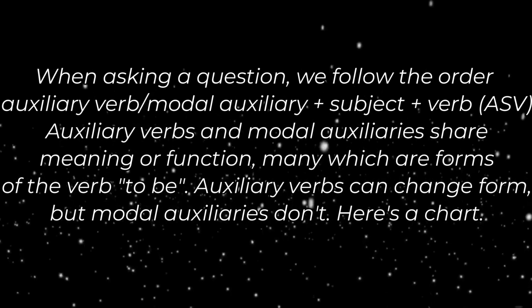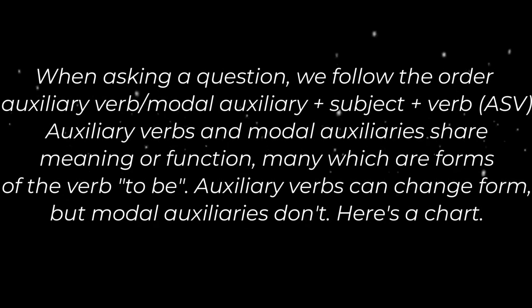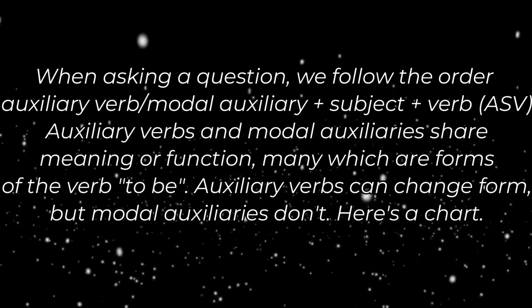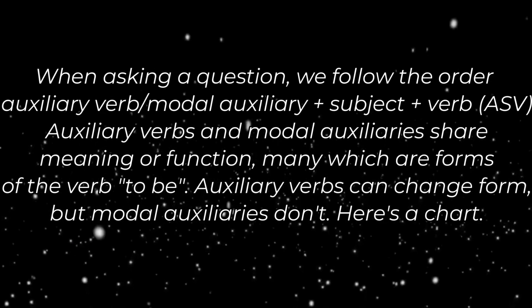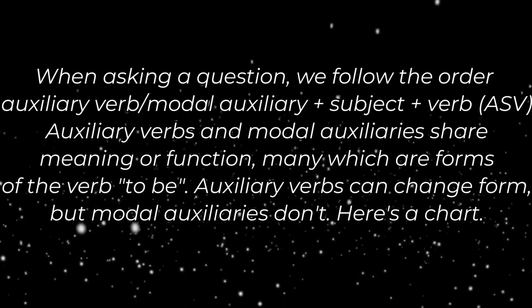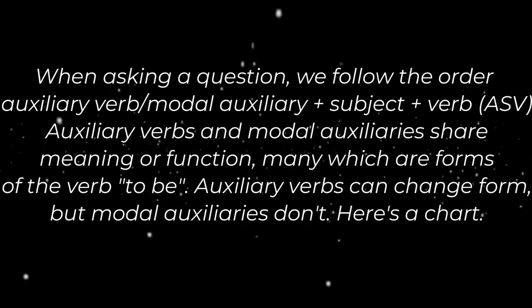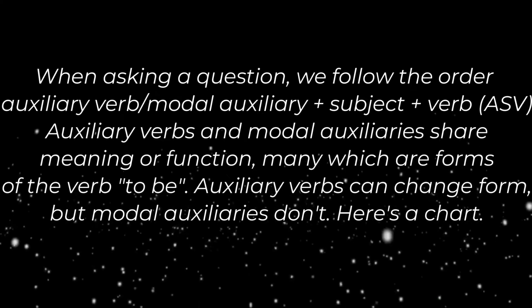When asking a question, we follow the order auxiliary verb or modal auxiliary plus subject plus verb, in short known as ASV. Auxiliary verbs and modal auxiliaries share meaning or function, many of which are forms of the verb to be. Auxiliary verbs can change form, but modal auxiliaries don't.